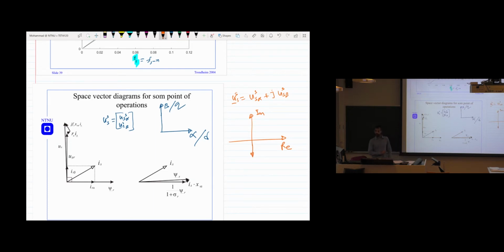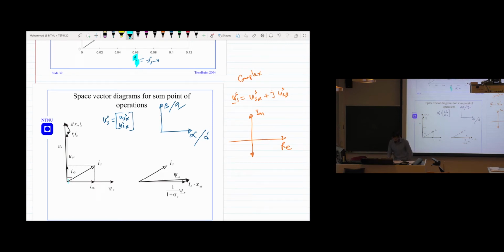So they are more or less the same, but a different representation. One is the space diagram with a coordinate vector, and the other is the complex vector. And then if you look at the space vector diagram, you see that it's the rotor field oriented control that we are talking about.